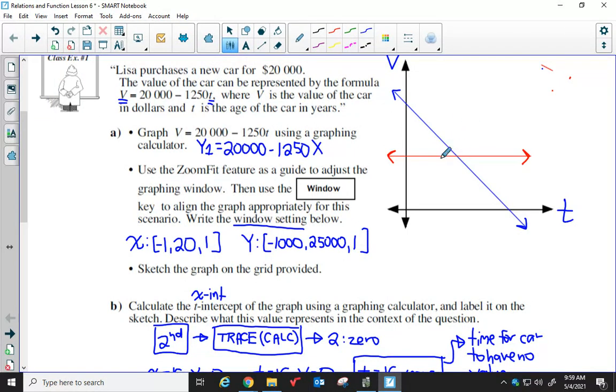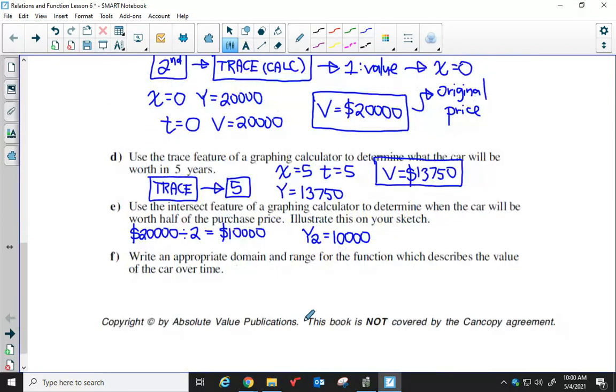Okay, now we're going to use the intersect feature to figure out the value of t, the time when you have half the value. So the intersect feature, I'll write these keystrokes down. You'd hit second, and then calculate, or second trace, sorry, which is calculate.